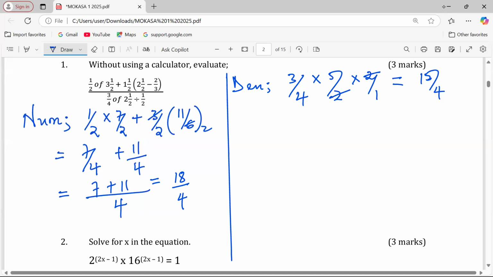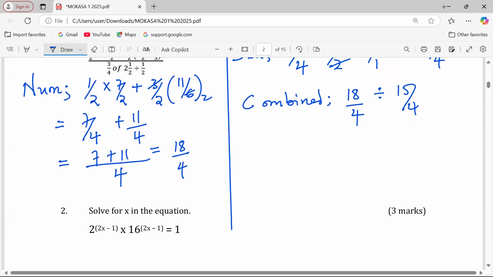Now with this, we can combine and get a final answer. We combine 18/4, which can still be simplified to 9/2, divided by the denominator, 15/4.